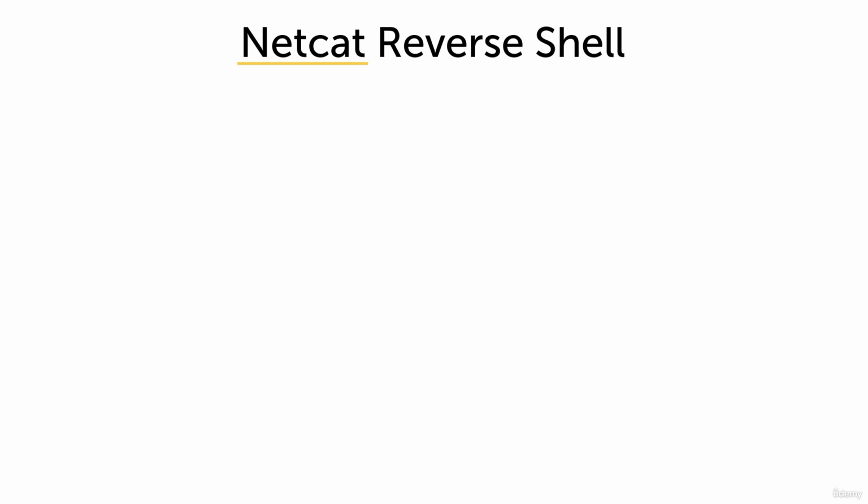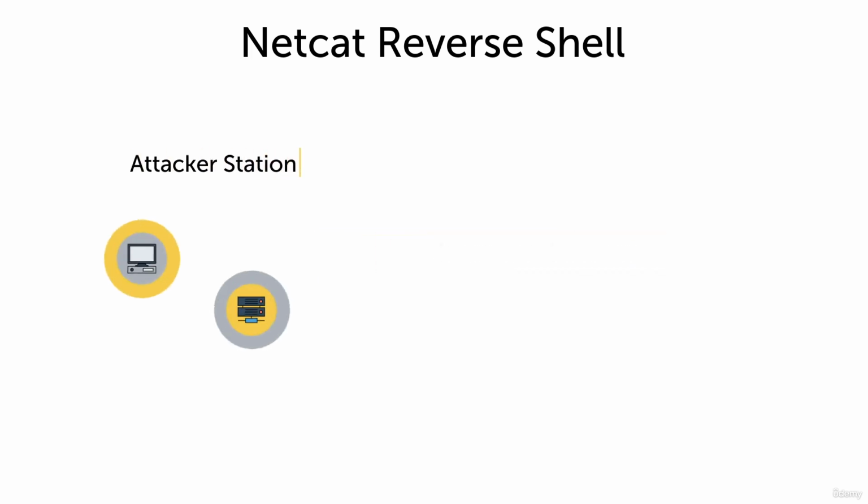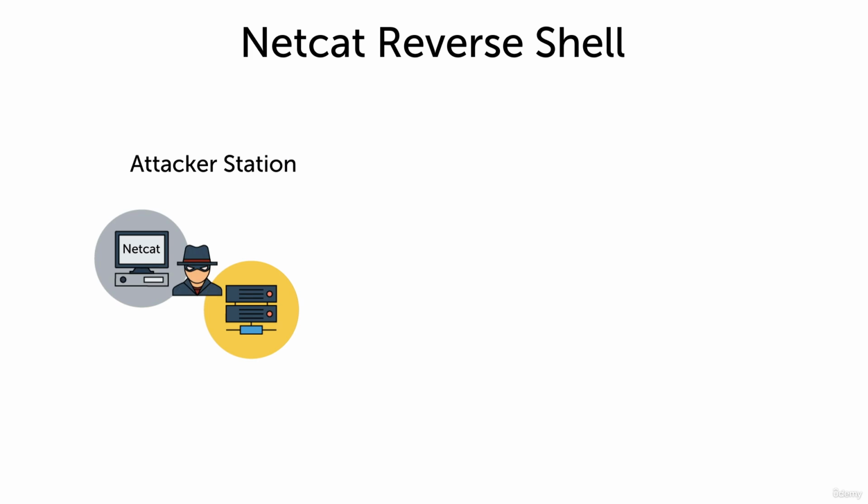Netcat is a freely available tool that you can download and run. The command line is simply NC for Netcat. So we could run Netcat on an attacker station, that would be the malicious user station, where we might load it up and listen on a port that we want to allow connections from a victim machine. So in this case, we're loading up a listener on port 443.